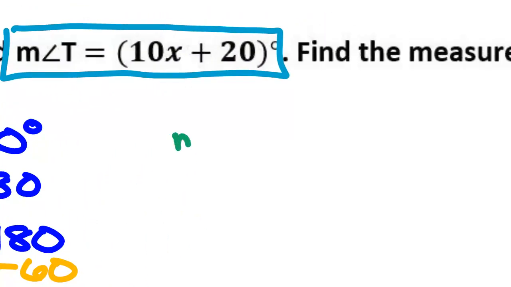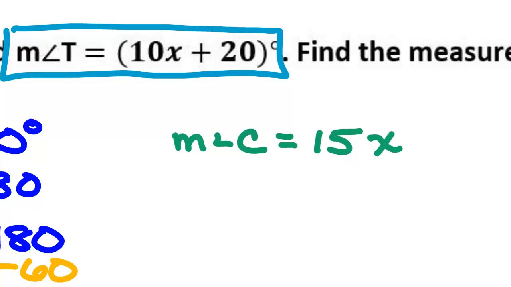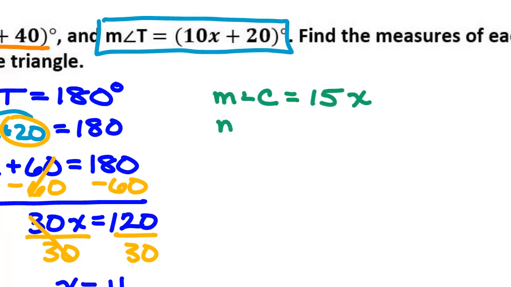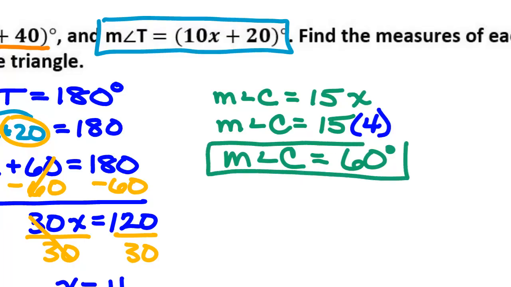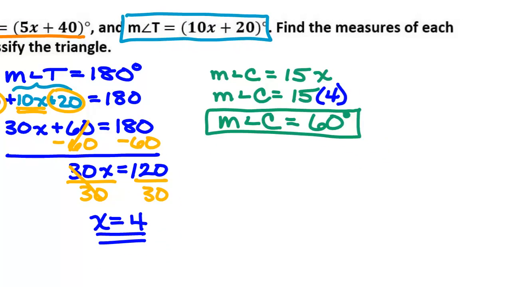So we're going to need to find the measure of angle C, which is 15x. So I'm going to take 4 and substitute it in for x. So I have 15 times 4. What is 15 times 4? 60. So the measure of angle C is 60 degrees. There's my first angle. Then we need the measure of angle A, which is 5x plus 40.